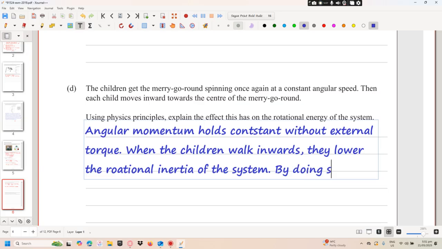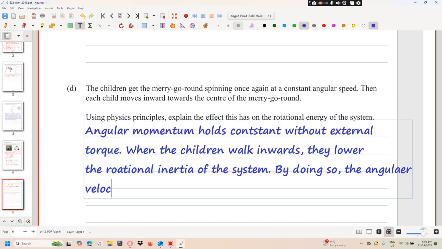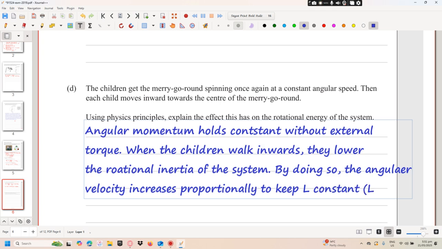By doing so, the angular velocity increases proportionally to keep L constant. Remembering that L equals I W.